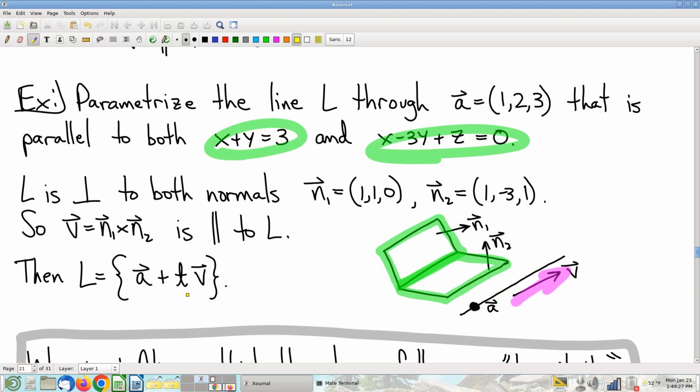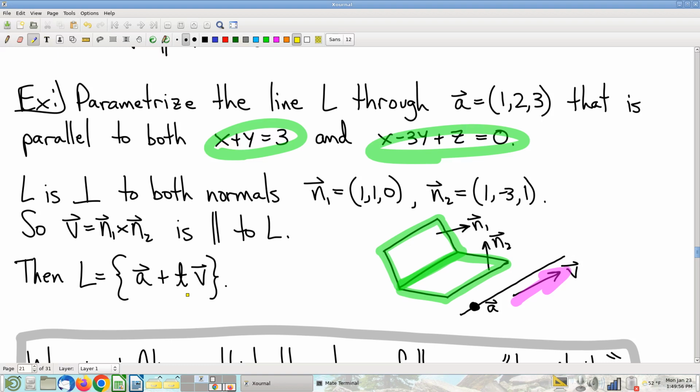this v that we're looking for, let's think this through. The v is parallel to this line. This line is parallel, for example, to this plane. This plane is perpendicular to this normal vector, right? And so altogether then, let's think it through and look at the geometry. Shouldn't it follow that this vector v should be perpendicular to this normal vector?